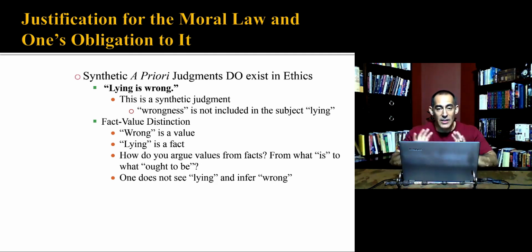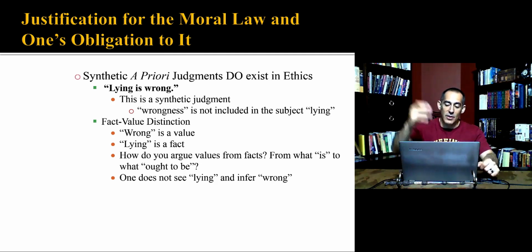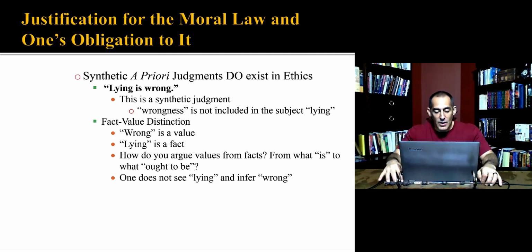And that's a reason that they can be universalized. All right, they're not particular things, but they're prior to that. Again, fact-value distinction: wrong is obviously a value statement. Lying is a fact. So how do you argue values from facts? From what is to what ought to be. We already talked about that ad nauseam.